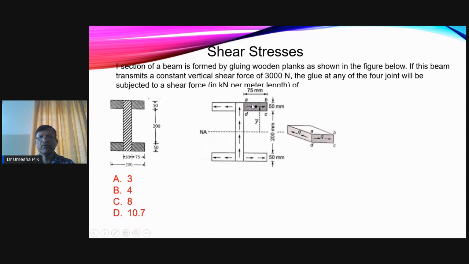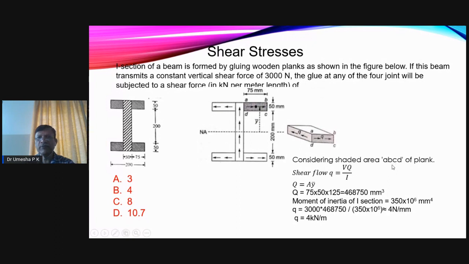So when they have given the different options, to calculate that, if you take the portion of that one, that is 75 into 50. Considering the shaded area ABCD of the plank, shear flow can be written as VQ divided by I. So Q is equal to A into y bar. A is the area of this one, 75 into 50, and y bar is from the centroid of this one, so half of this 100 plus this 25, that is 125.